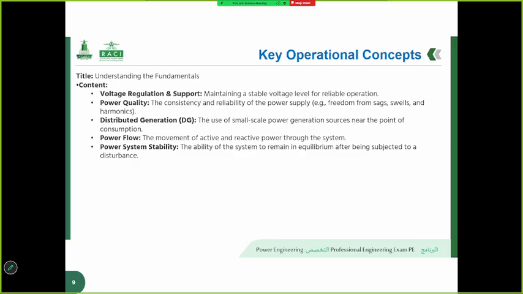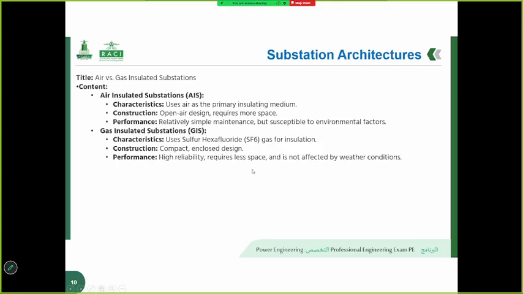There are different types of stability, including rotor angle stability, voltage stability, and frequency stability. Engineers use various methods such as power system stabilizers and FACTS devices to enhance stability and ensure the grid remains resilient and reliable.